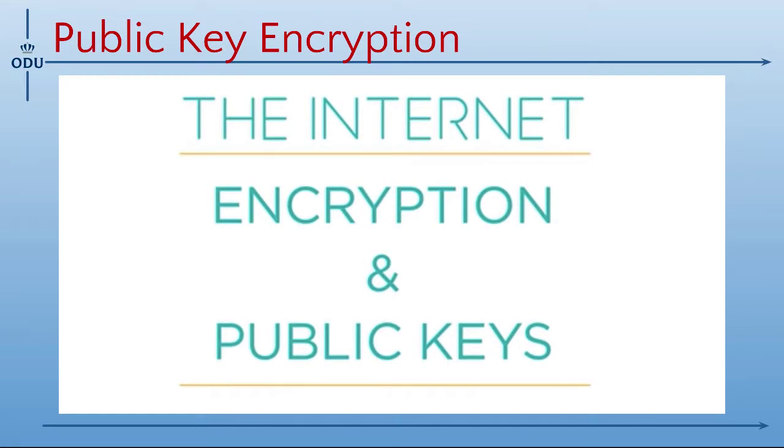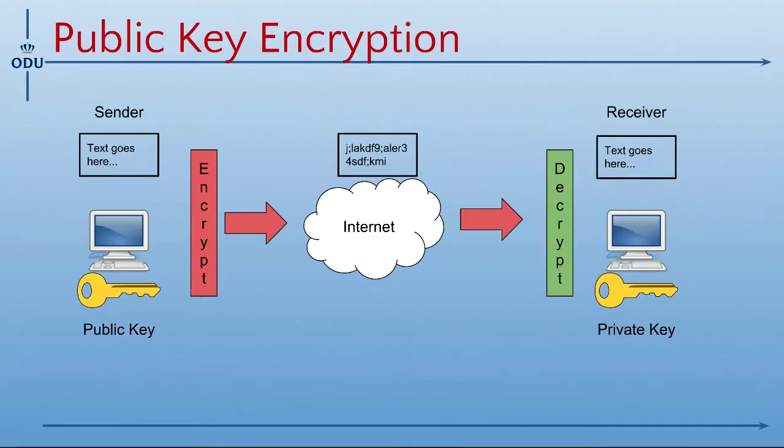Public key encryption is another really important concept that I want you to be aware of. This is typically the way most transactions conducted over the internet work. When you're purchasing something on the internet, say from Amazon or any other online retailer, you go through what's called public key encryption.